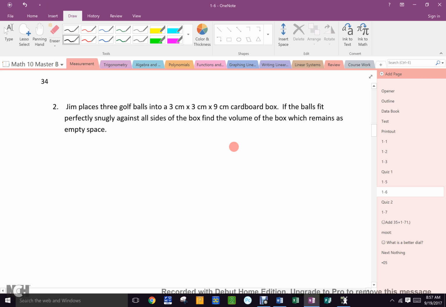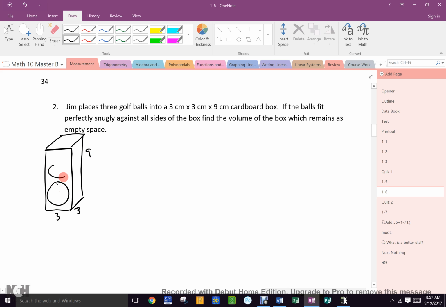How am I going to do this? What shape is the box? It's a rectangular prism, right? 3x3x9. Everyone agree? And I'm putting how many golf balls in there? 3.